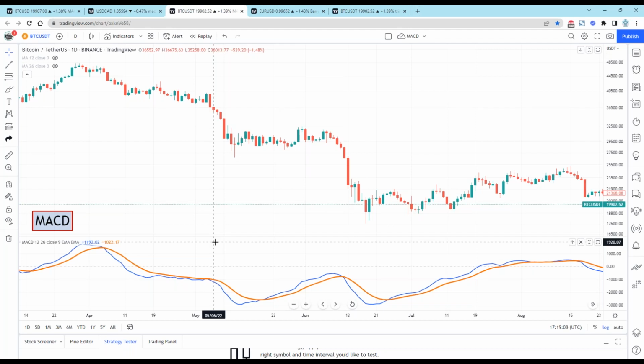So now we're two derivatives away from price. But now what we look at is the crossovers. When the MACD line crosses over the signal line, we get a buy signal. When the MACD line crosses under, we get a sell signal.